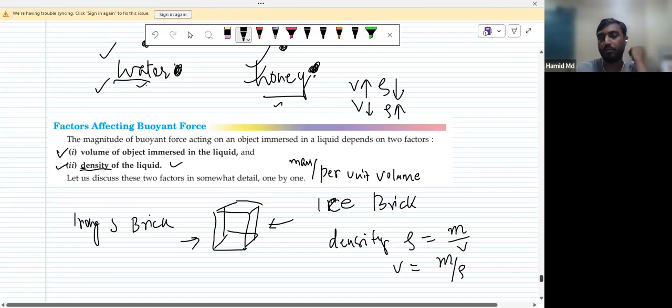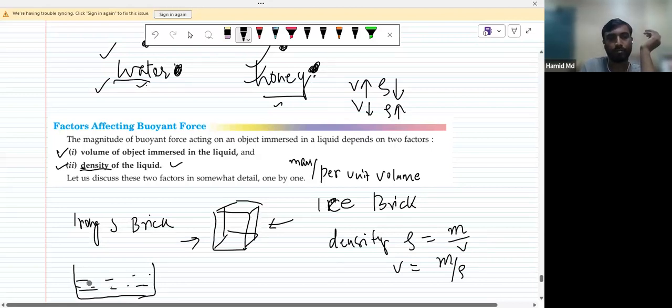If we have two types of liquid, this is water. Now take a balloon, fill it with air and put it over here.